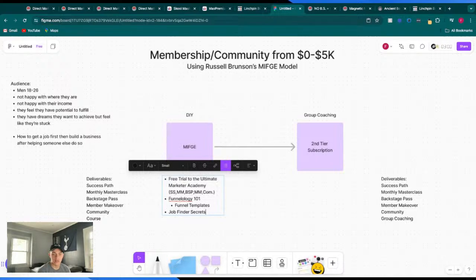What else? Can we include? Yeah, this is good that we're outlining this now, because if somebody were to start from zero, they need a job, they need to learn how to build funnels. I would say probably, well, Funnelology 101 just includes so much. Like, they would have to understand the value ladder breakdown.